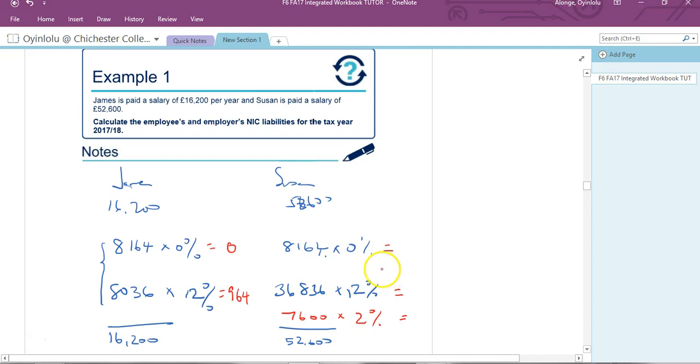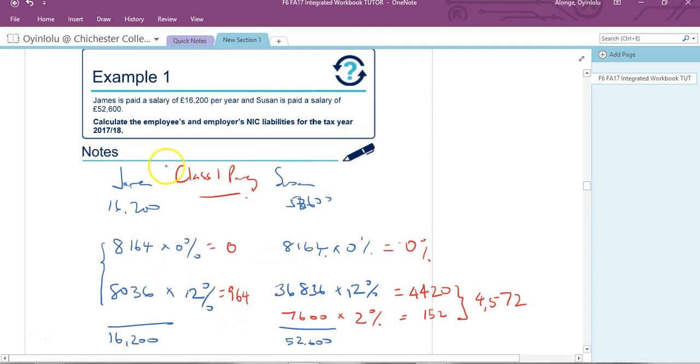And then here, the 8,164 is 0%. And when you do this 12%, you have 4,420. And then here you have 152. These two together give us 4,572. So this is your Class 1 primary. This is what you were paying with your threshold.